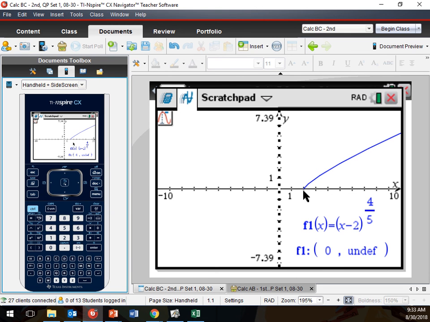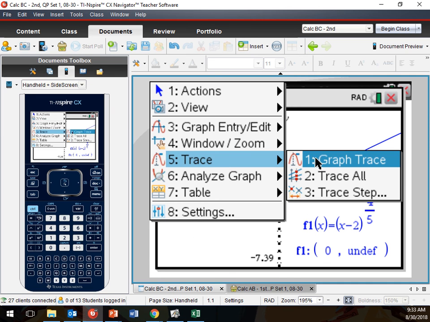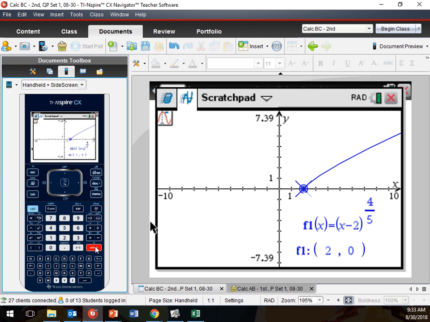But in the book, it actually says that there is going to be a vertical asymptote here at, let me trace, to 0, and then let's go to point 1.9. Yeah, it says everything is going to be undefined on that side.